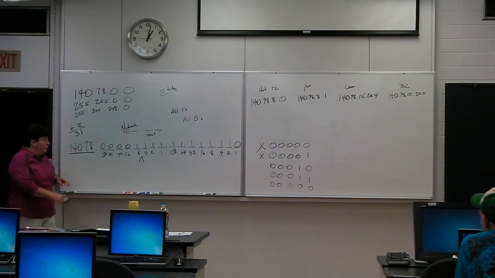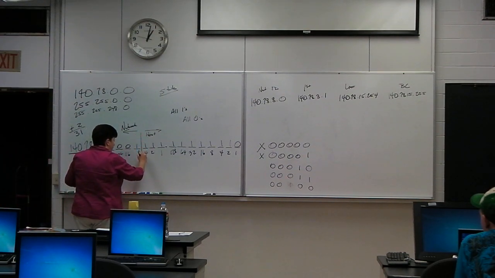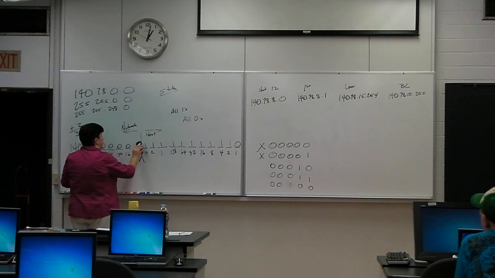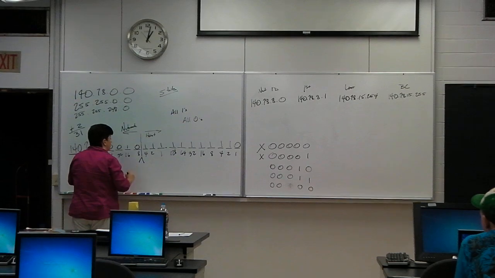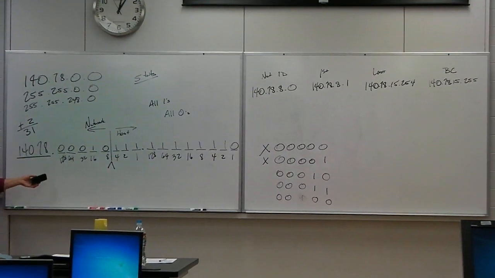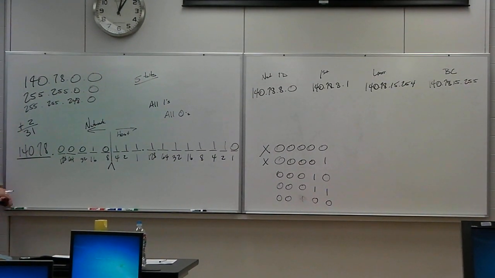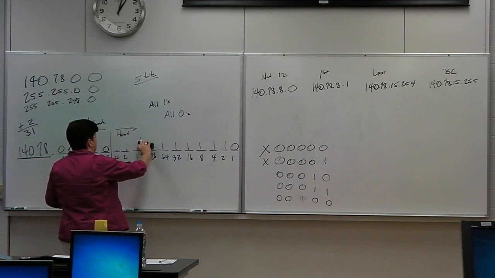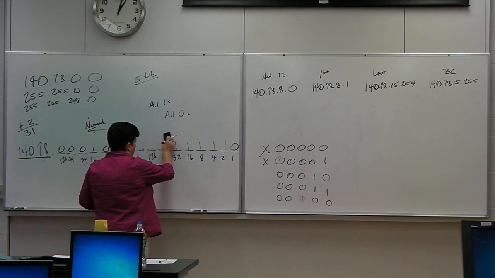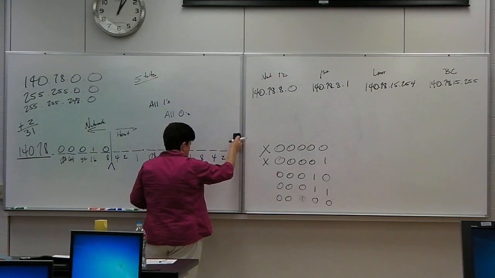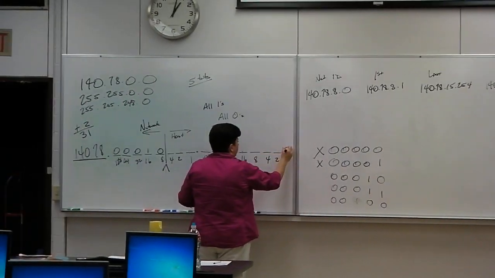Let's put the number 2. Remember, here's our dividing line. Let's get rid of this, and write the number 2 now over there on the host portion and do that all again. Smallest number I can write.